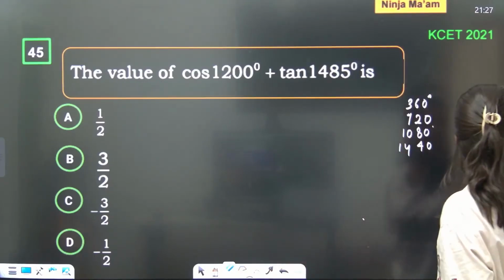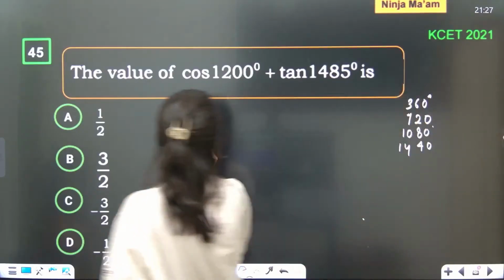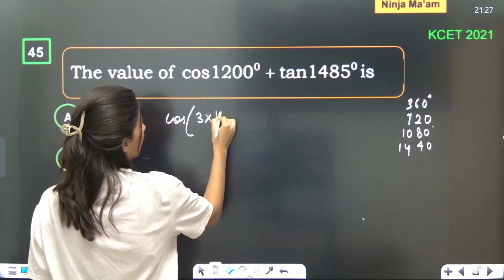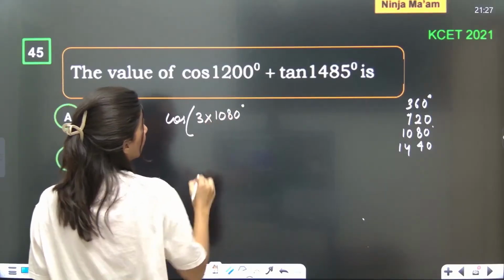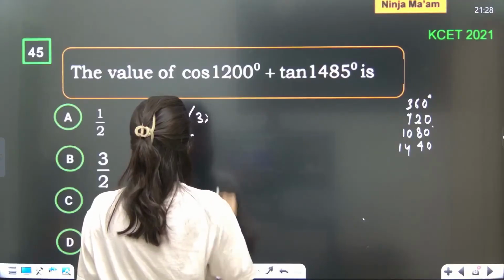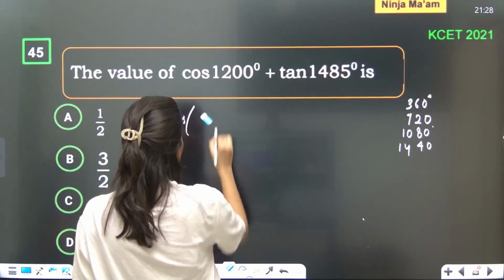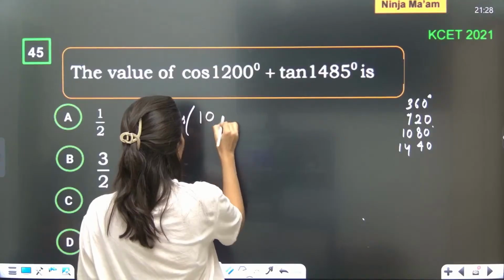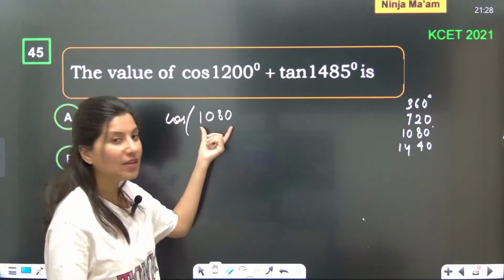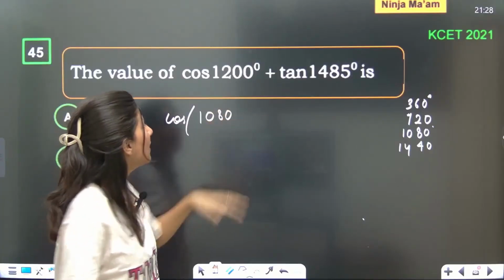That's it. Now just tell me one thing. Cos 1200 will be cos 3 into 360. Or what you can do is, see, 1200 will be 1080 plus 120.